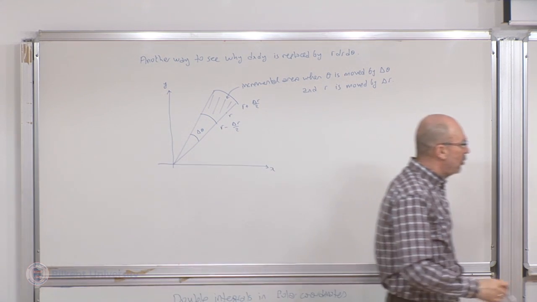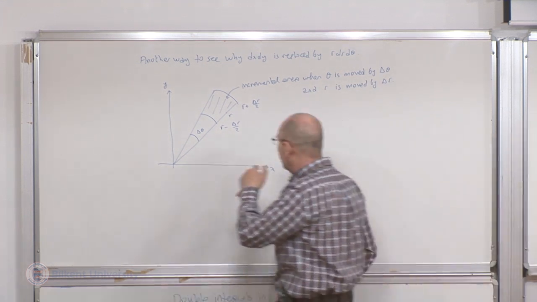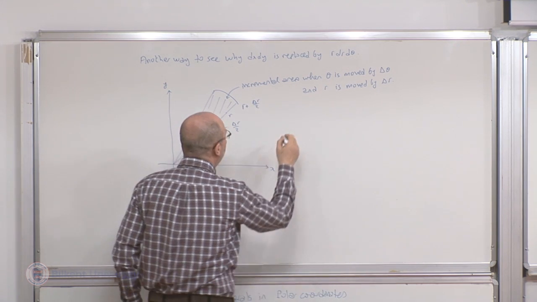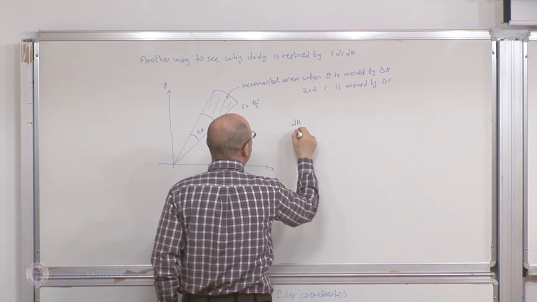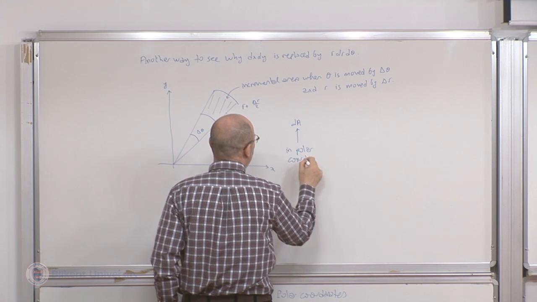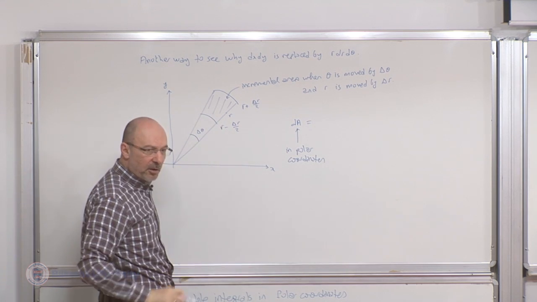So we want to find the area of this. We'll again use this formula, which we have here. So the area is angle. So dA in polar coordinates is equal to this shaded area.